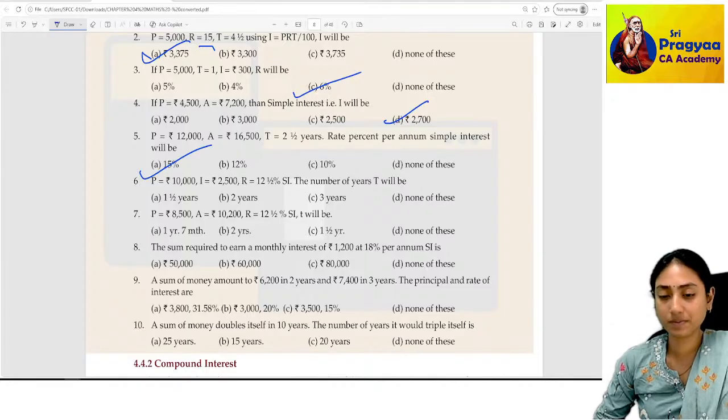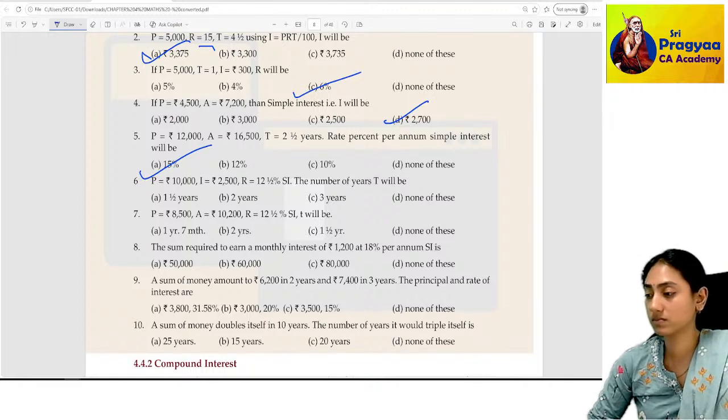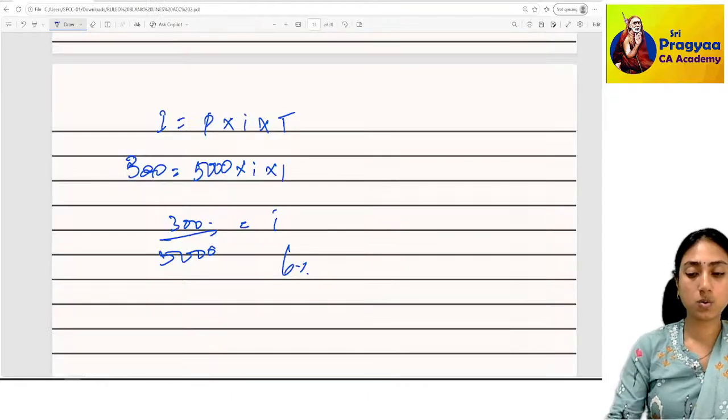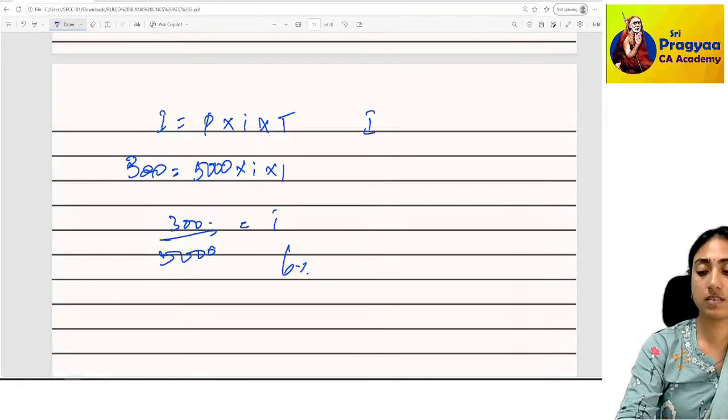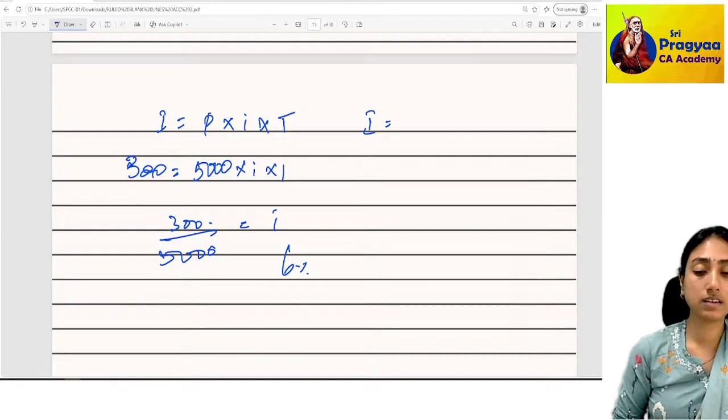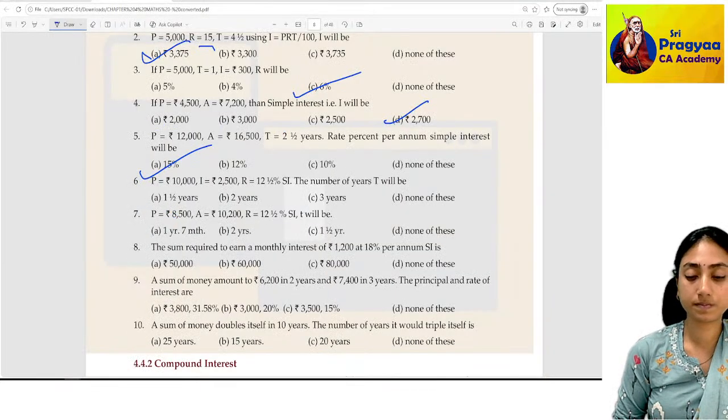Seventh, I have 1 year 6 months. Does 1 year 6 months come? What is P? What is I? I is 12. Or is it the value?